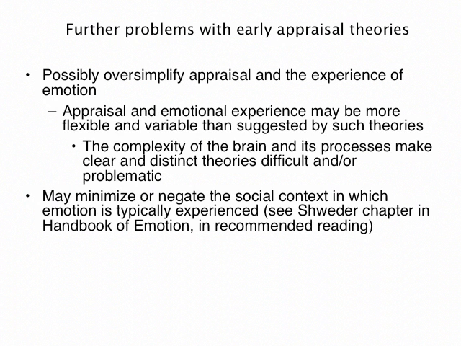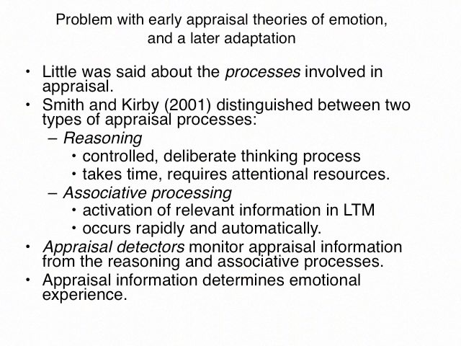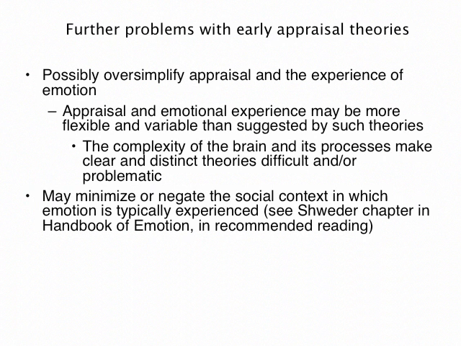On this one, other problems with early appraisal theories. Up here on this slide, it's pointed out that until recently there hasn't been much of a focus on the actual cognitive processes. And then further problems with the earlier appraisal theories is that they may simplify this appraisal and experience of emotion.